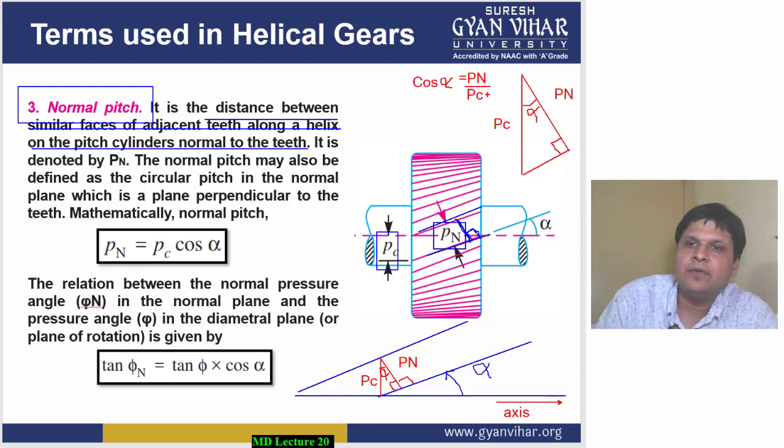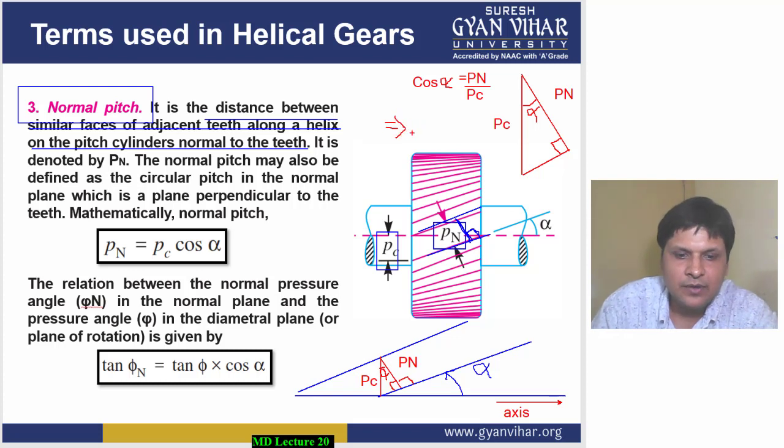This will give you the value of cos alpha. Therefore, from this we can write that Pn is equal to Pc cos alpha. Pc cos alpha. All right.